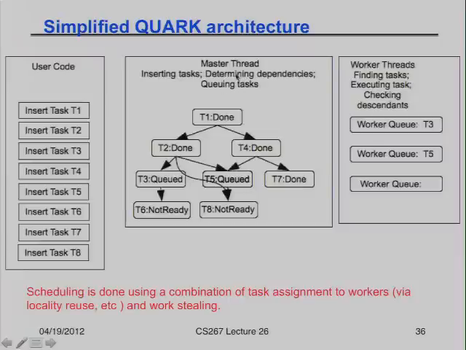Then Quark will build the DAG for you and do the scheduling, and there will be worker queues. These would be the other processors that are trying to grab stuff from the DAG. In addition to worrying about load balance, which is what Silk worried about, this will also worry about locality. So it tries to balance locality, the fact that one guy's output is big and there's another guy's input, with keeping everybody busy at the same time.